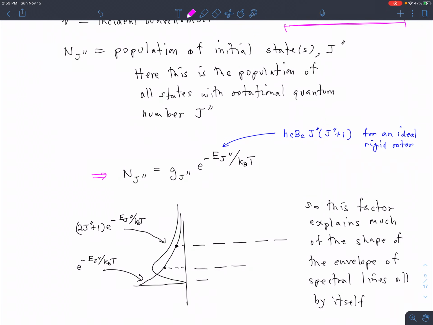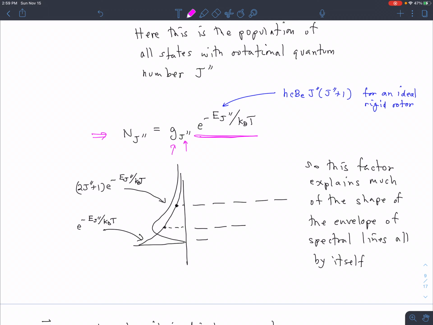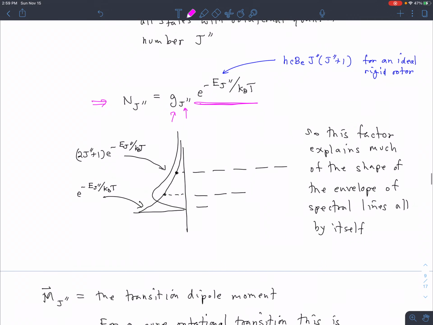The population factor is just the number of states for each J double prime level times the Boltzmann factor that controls how likely the population is to be in that level. So in other words, if here are some rotational levels, if I start from the ground state, in order to get up to the next excited state, I have to get energy, right? I have to put energy in.